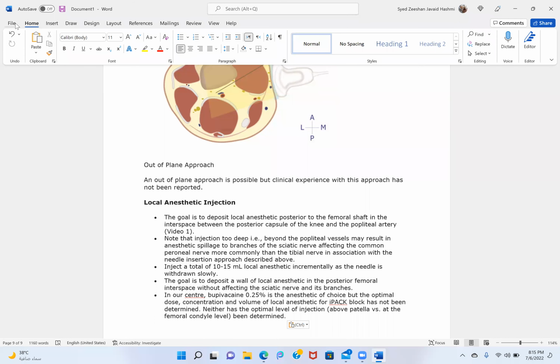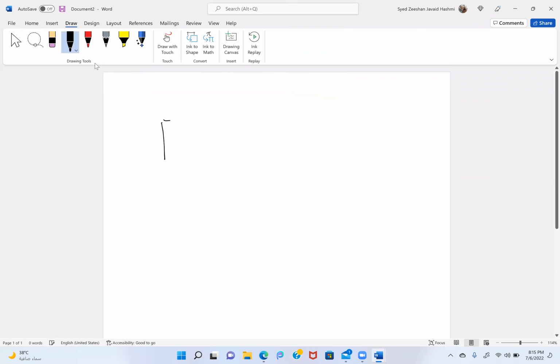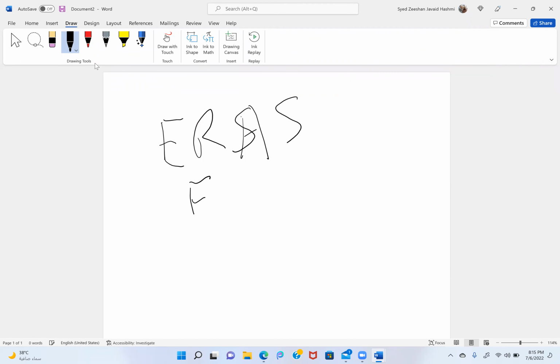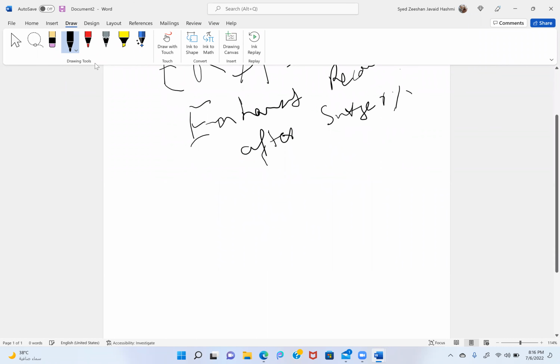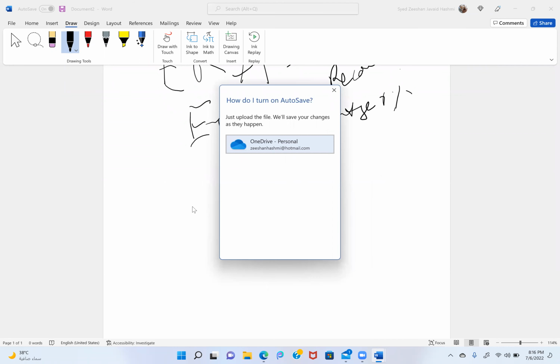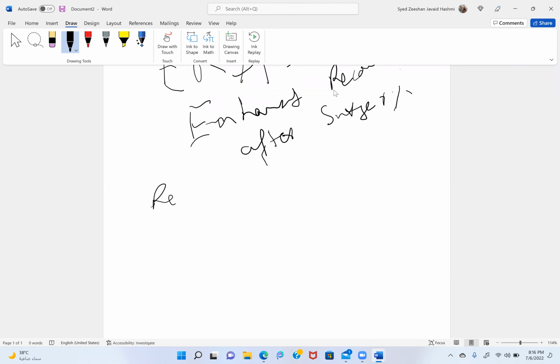Actually, the ERAS protocol is called enhanced recovery after surgery. The concept of this protocol is to reduce the hospital stay and decrease morbidity and mortality.